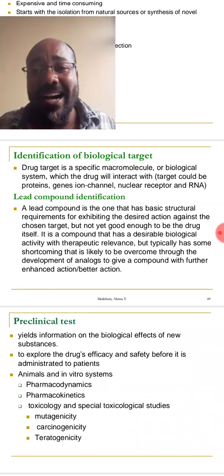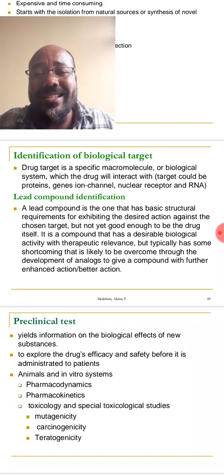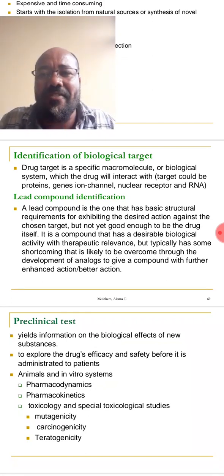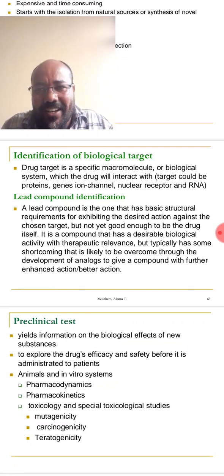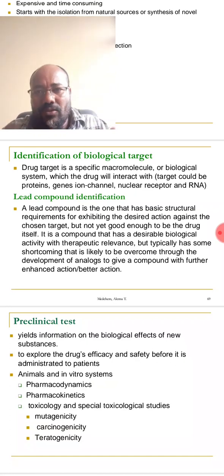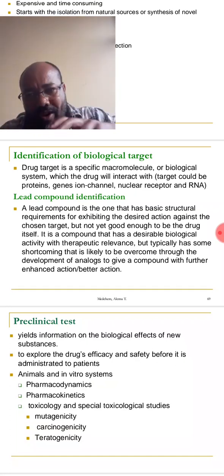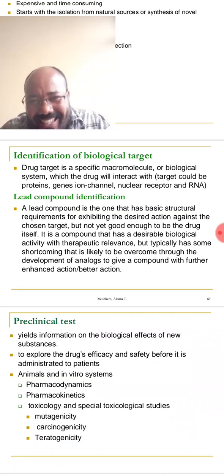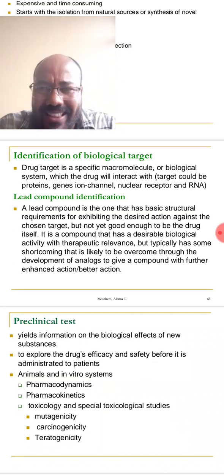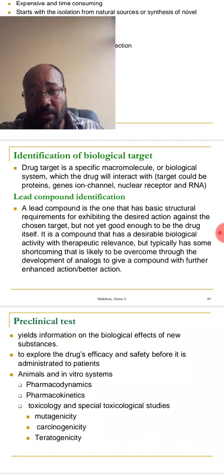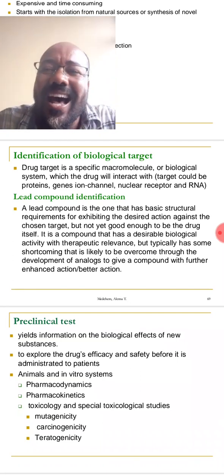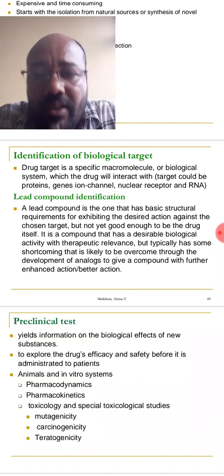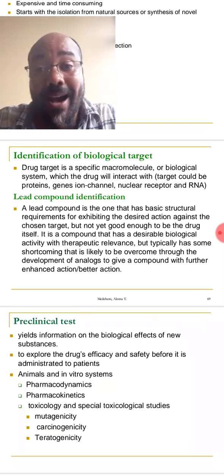To enhance its activity, its stability, its efficacy, and to decrease the side effects, we have to modify, we have to optimize, to increase desirable pharmacological activity and decrease undesirable, unwanted side effects from that molecule. This is called lead structure modification or lead structure optimization.